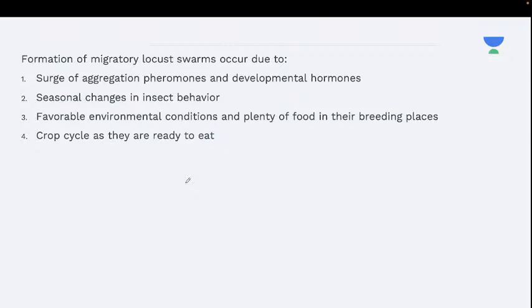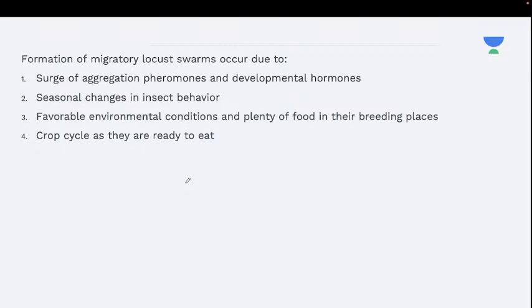Formation of migratory locust swarms occurs due to surge of aggregation pheromones and developmental hormones.